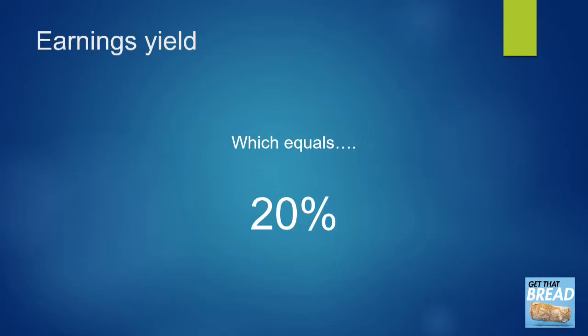You have a 20% earnings yield, which is quite a good earnings yield compared to the rate of return off of other financial assets like, say, bonds. And that calculation, the inverted PE, is essentially the same calculation for arriving at bond yields.